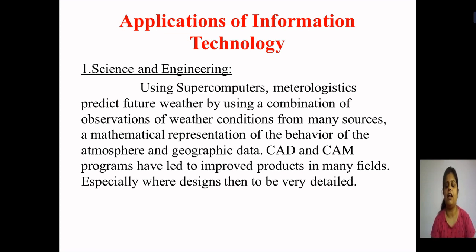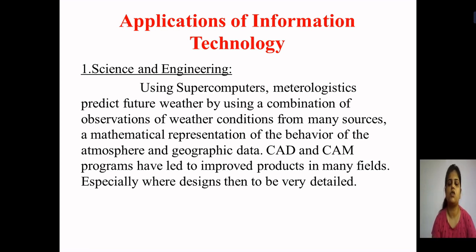For that, you must have heard about CAD/CAM designing. These are the computer-aided designing and computer-aided manufacturing programs, with the help of which you have improved the products in different fields, especially when the design of the particular product is very detailed.